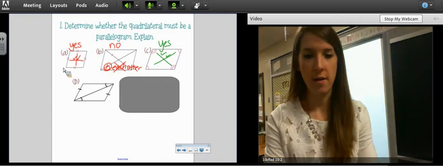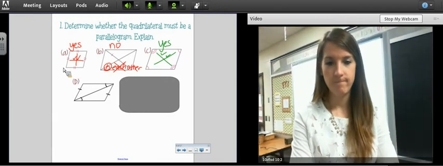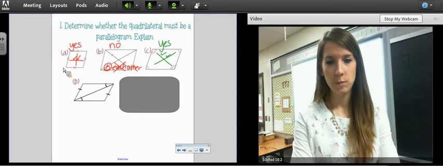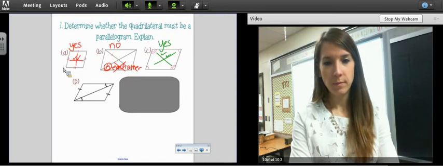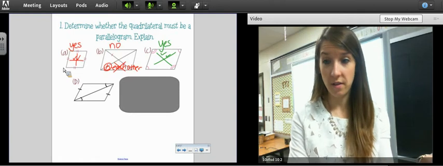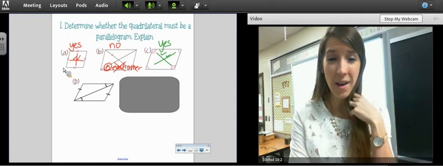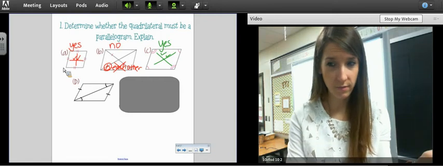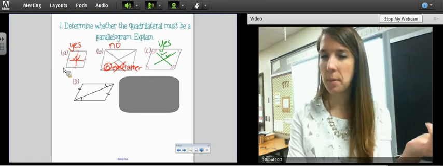What about that one? So right now our picture does not have enough markings, right? We've got one pair of opposite sides congruent. And that's it. But what else can we add to our picture?